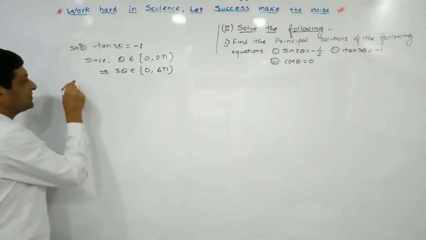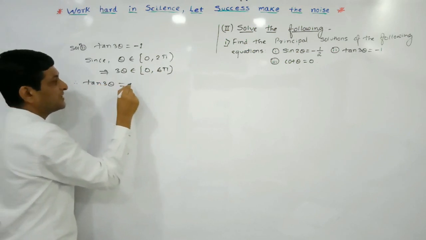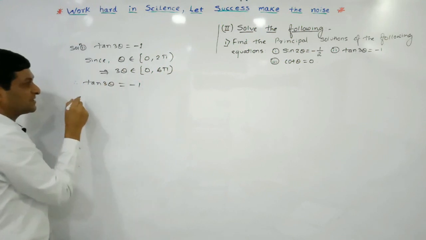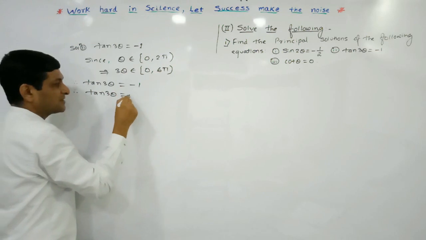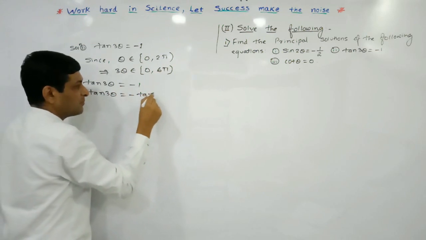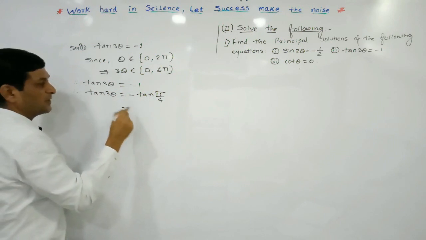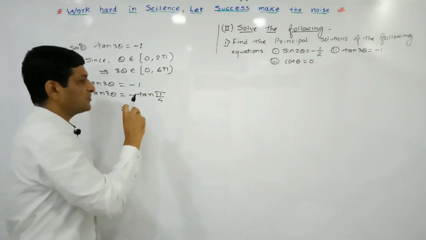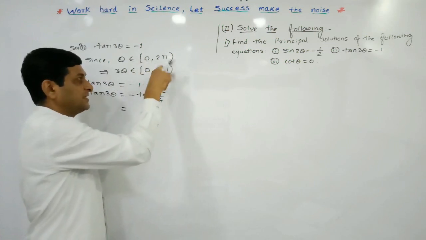Now consider the given equation. Tan 3 theta is given to us as equal to -1. So tan 3 theta, keep it as it is, minus also as it is, 1 can be replaced by tan pi by 4, means tan 45. Now observe that we have to find the values of 3 theta which lie in this interval.